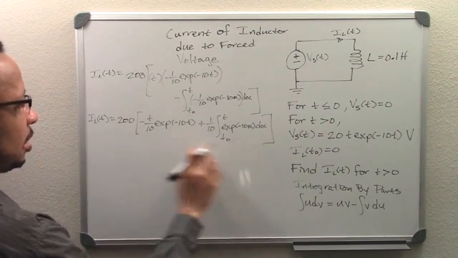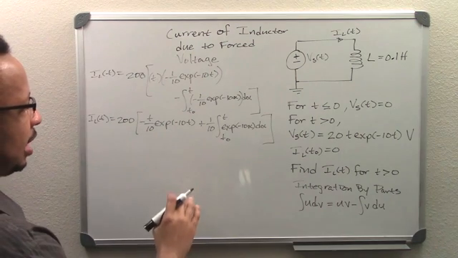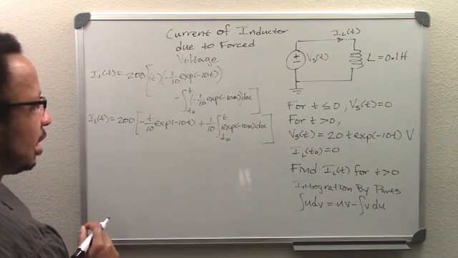So we have our 200 being multiplied by all of that, these two terms on the inside.